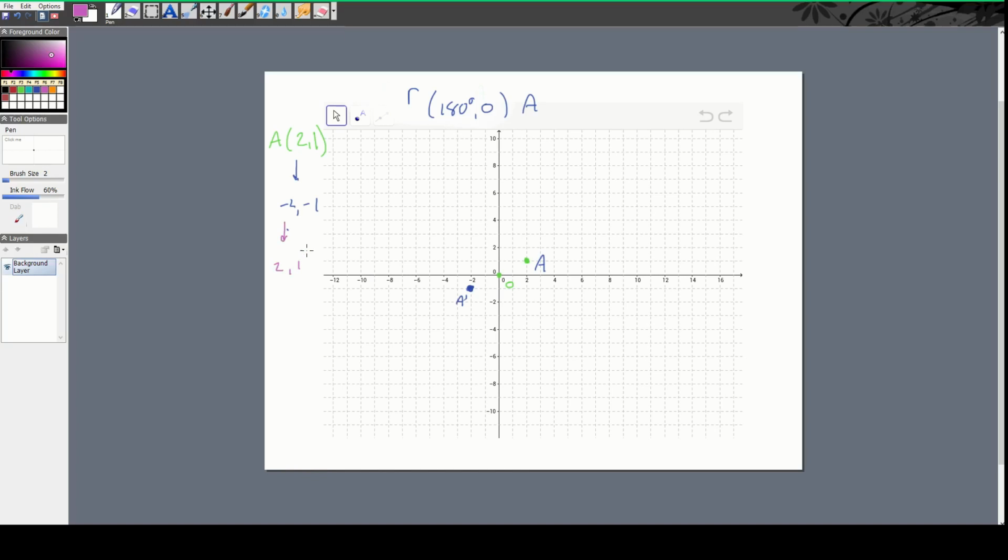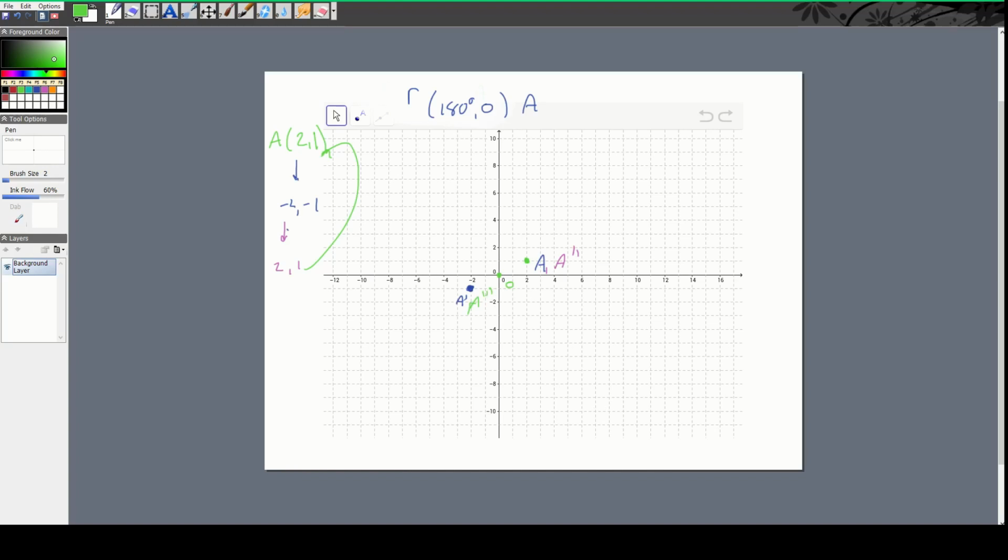That's 2, 1. Well, 2, 1 just happens to be here as well. So if we just keep rotating this 180 degrees, it's just going to bounce back and forth. My next instance would then be, and we can just see it's cyclical. Here's where I started, that's where I went, that's where I went. It's just going to keep going in circles. This is going to be my A triple prime.